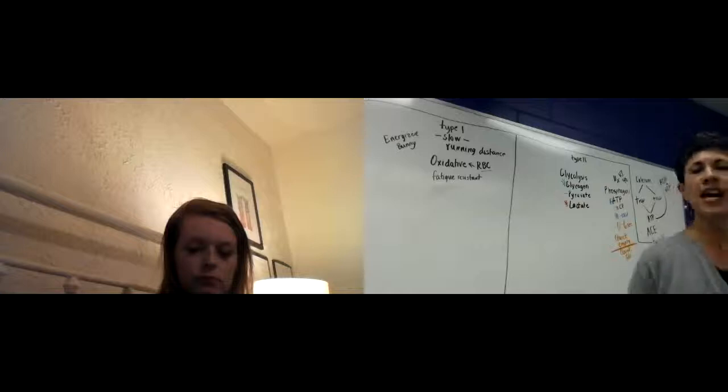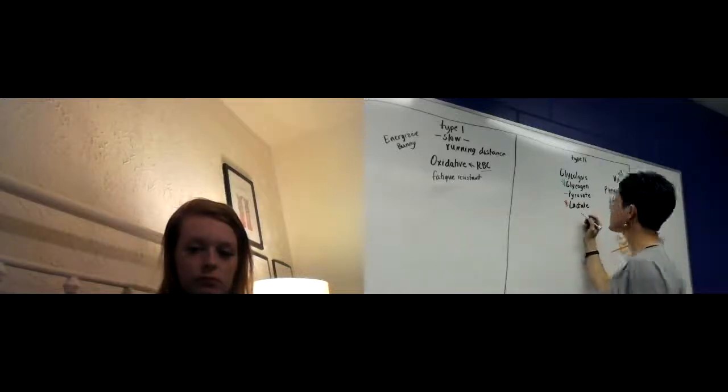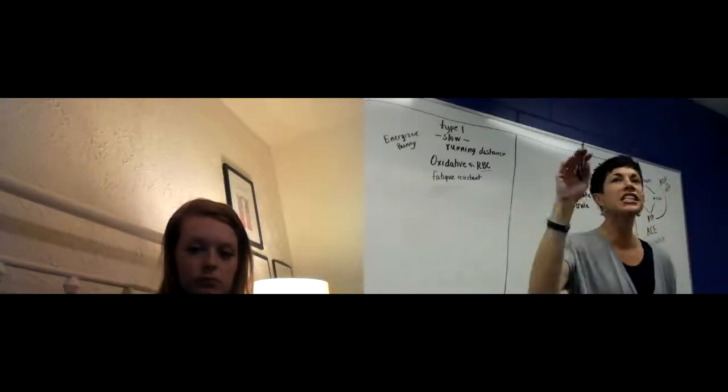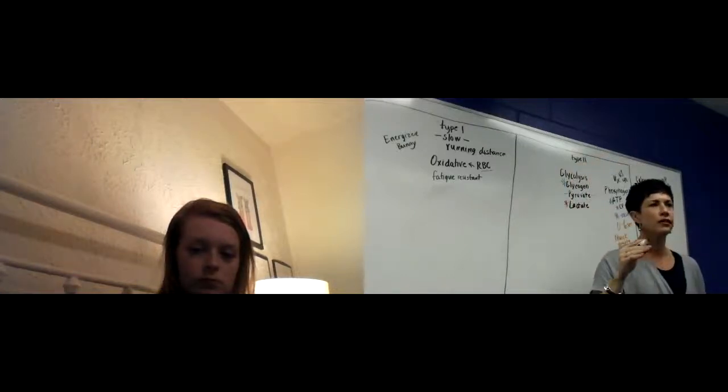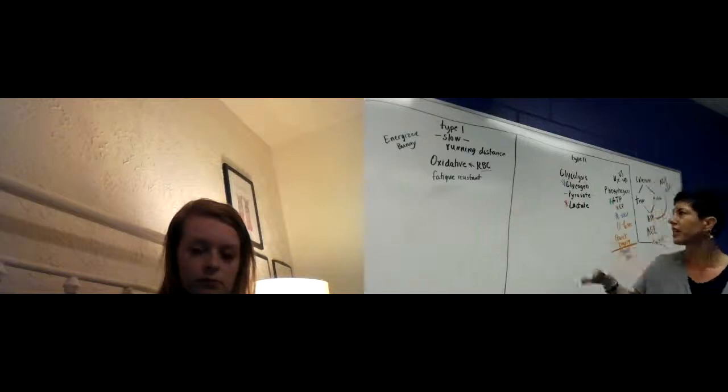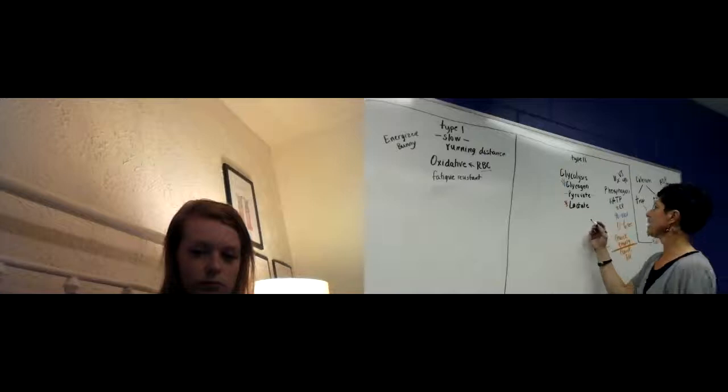Now, two things start to happen depending on the intensity, not duration. Because remember, you can do something for a long time and you're really not expending a lot of intensity. Got it? All right, so now this is whenever we take two different paths.